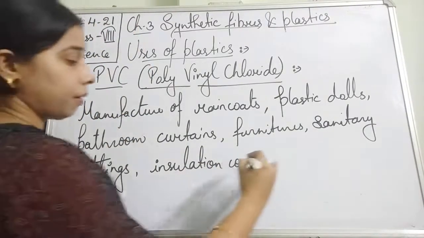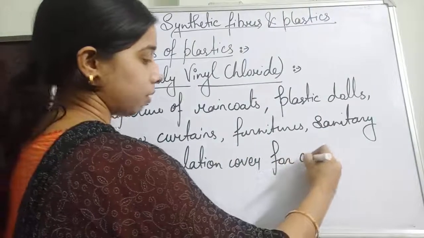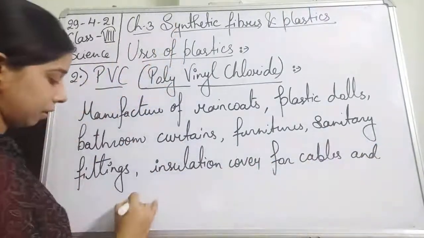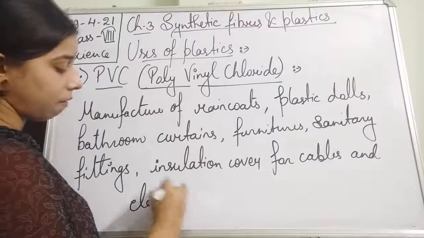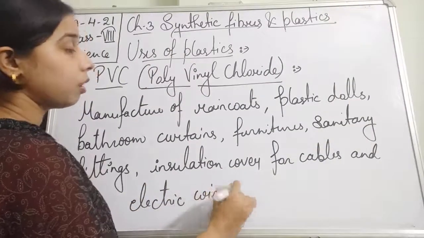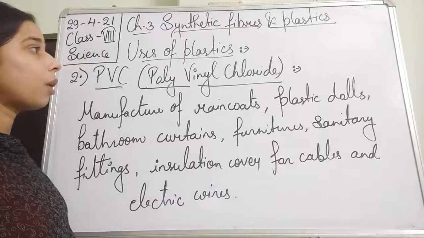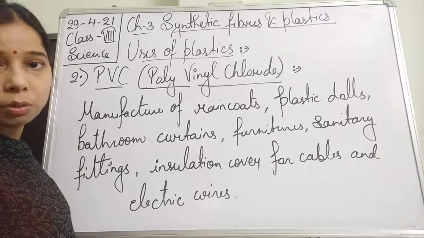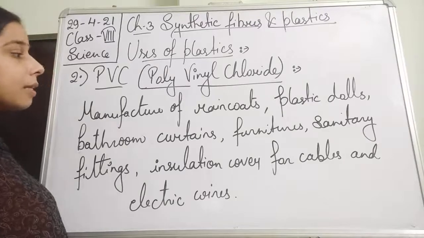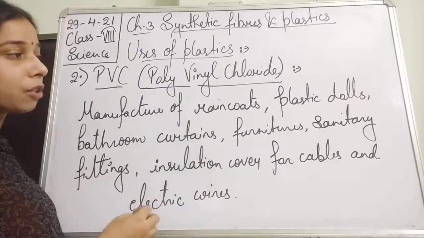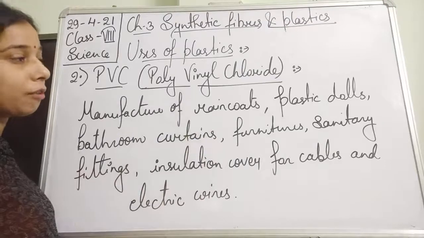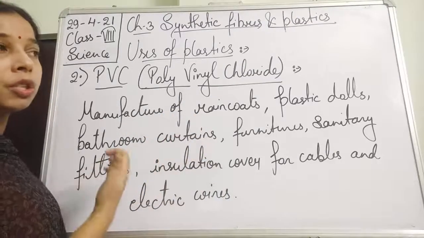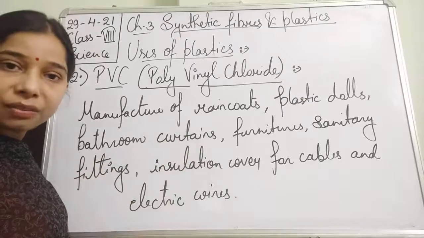For cables and electric wires. So these are the uses of polyvinyl chloride. Do not get confused with the name. These all are plastic, students. Okay. So polyvinyl chloride is a kind of plastic which is used in manufacturing raincoats, plastic dolls, curtains, insulation cover, furniture. These all are made with the help of PVC.